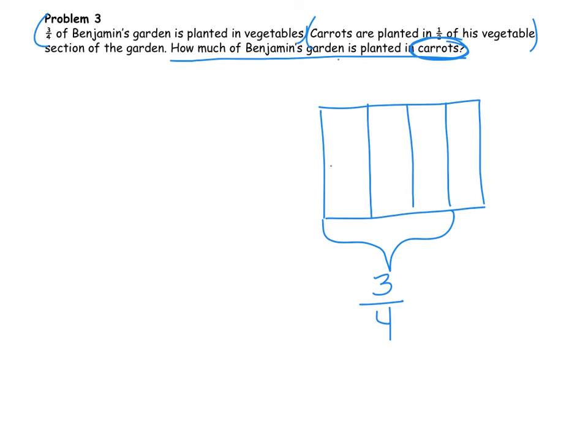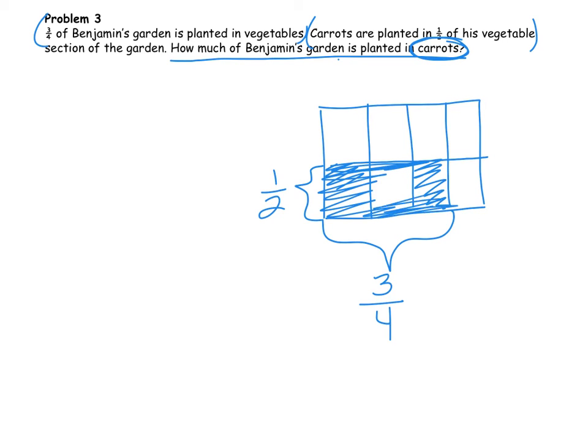So 1/2. So where's the only section that's overlapped by this and this? So that's all I have to shade in. Well, it's going to be 3 out of, well, I have 4 in the top row, 4 in the bottom. 4 times 2 is 8.